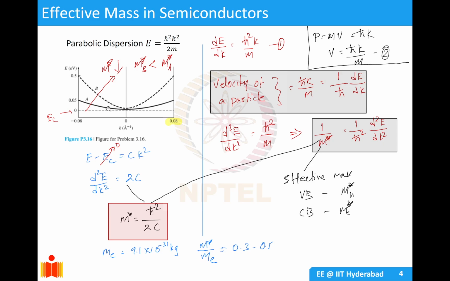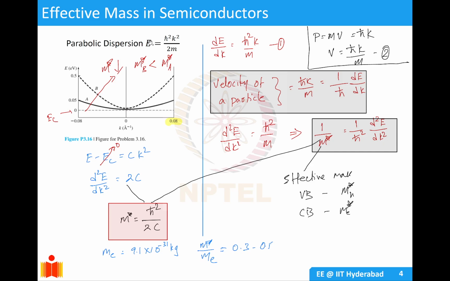And as it becomes more and more parabolic, with more curvature, your effective mass reduces. So it can be 0.9 m naught, 0.1 m naught, 0.01 m naught, depending on the curvature of the bands.